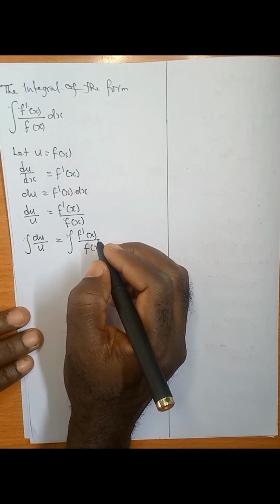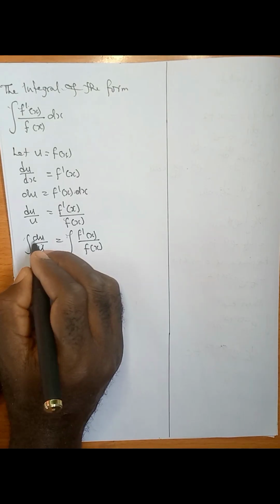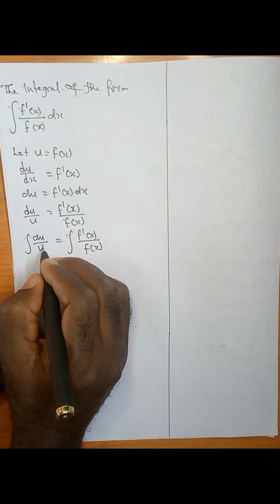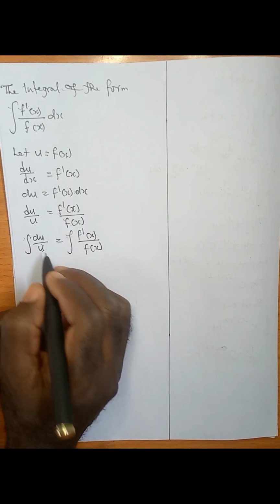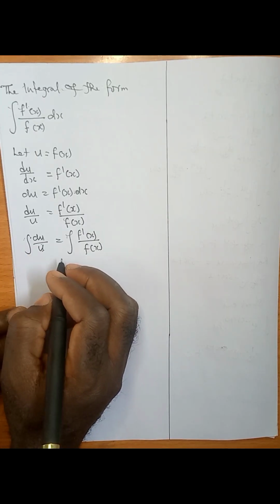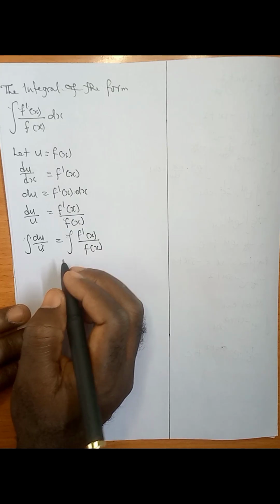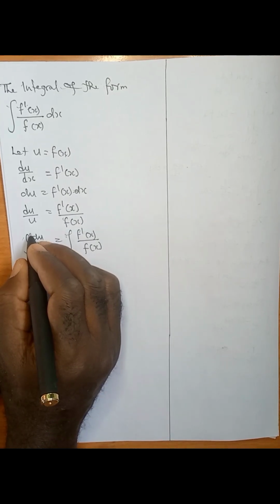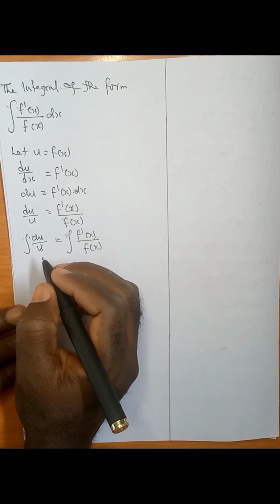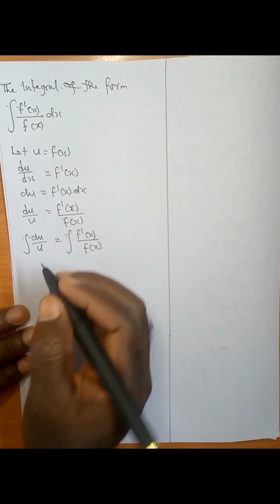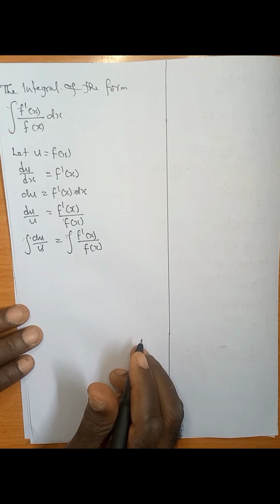Then the next thing here is, you remember this is 1 over u du. How will you integrate 1 over u? Remember, we have treated this special type of integral that for us to integrate 1 over x is natural log of x or ln x. So we are going to apply the same principle here.